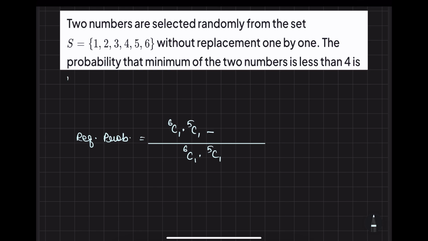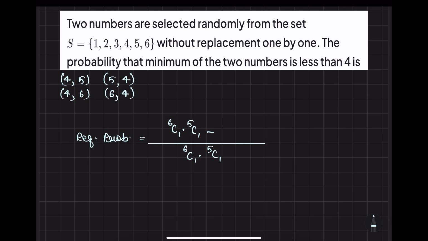So suppose that I have selected 4 and 5. So I have to reject this. I have to reject 4 and 6 as well. Okay, and order will also matter. So if I remove 5 and 4, this is also important. 6, 4, this is also important.